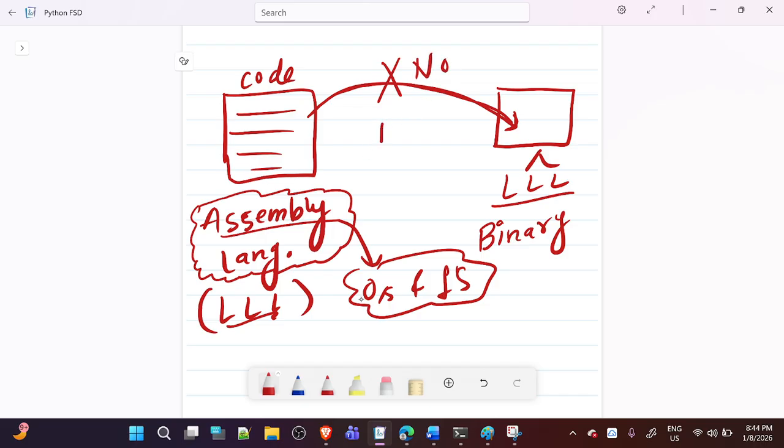So what do we require? We require one translator. In order to translate the assembly language code into pure binary code, which is zeros and ones, we need one translator, and that translator's name is assembler.